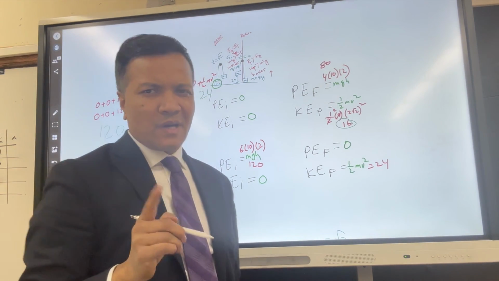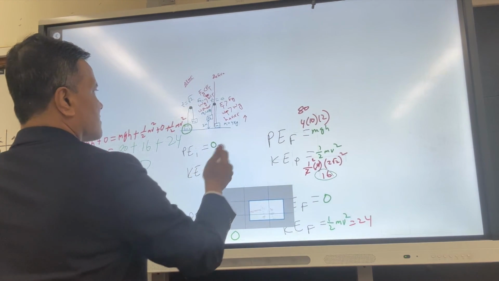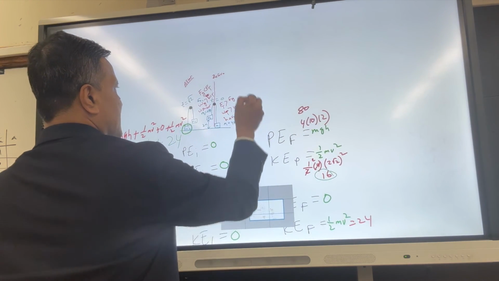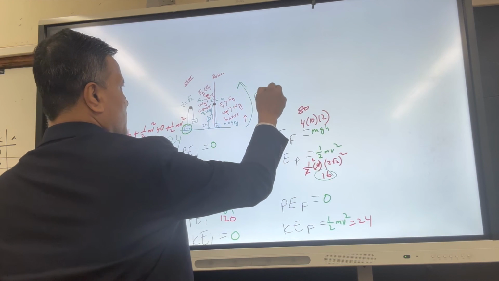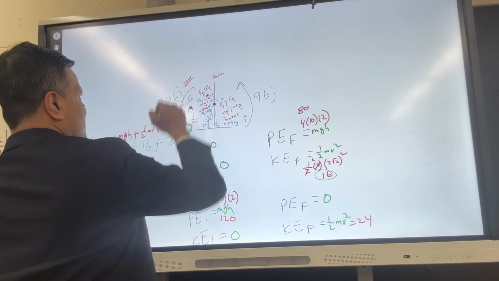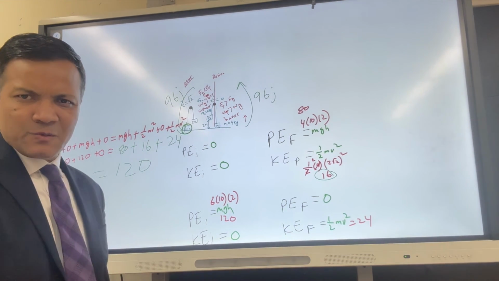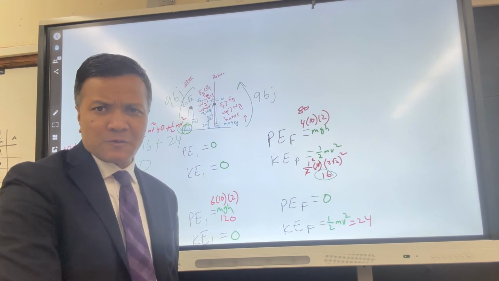The other thing you learn is that kinetic energy gained over here is 96 joule, and kinetic energy lost is 96 joule. All right, so that's the conservation of energy.